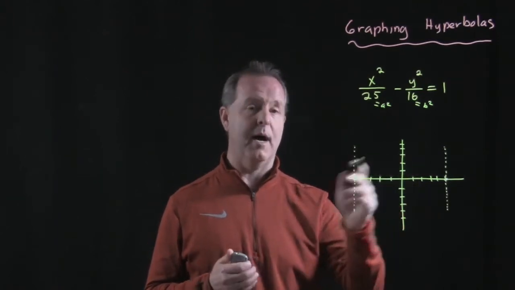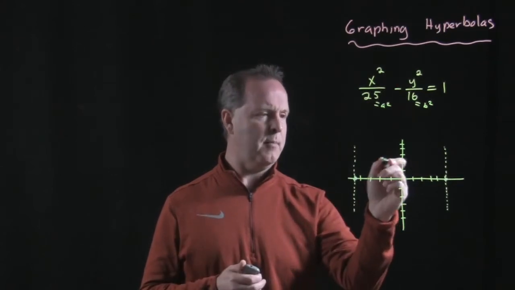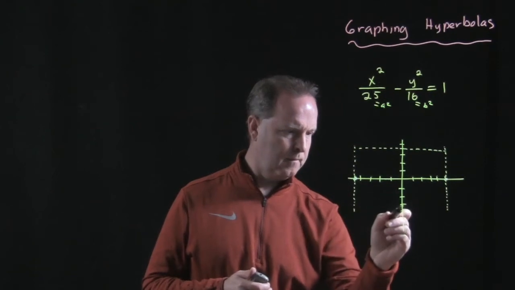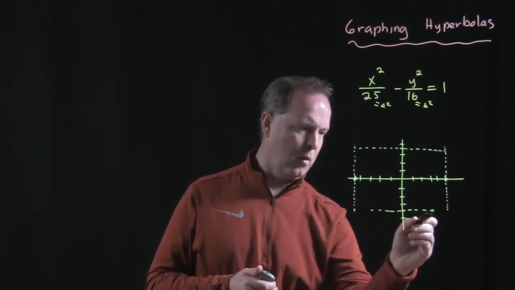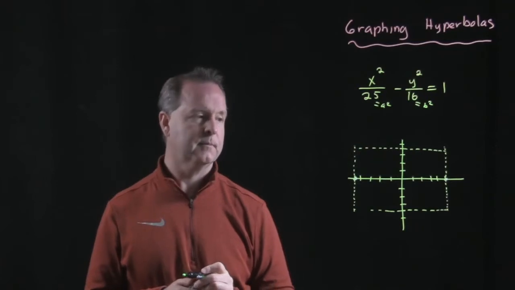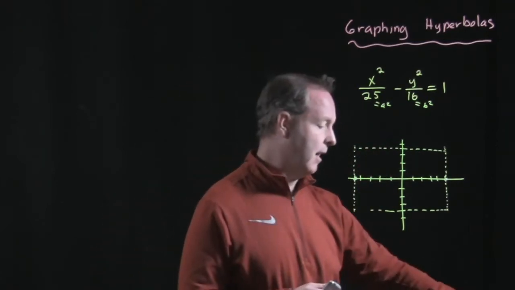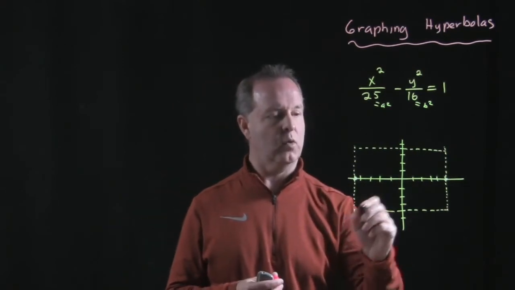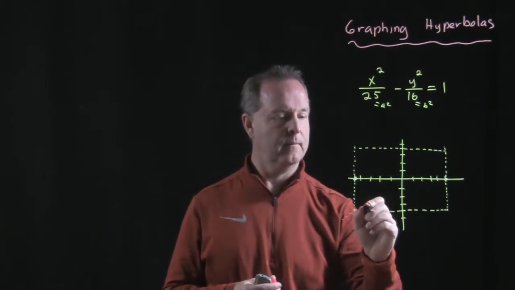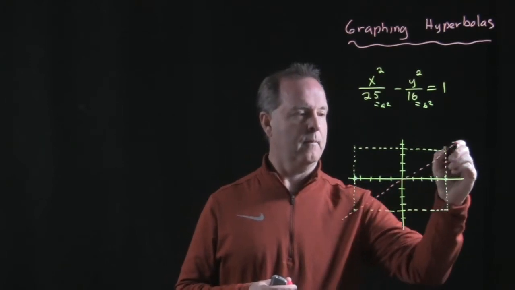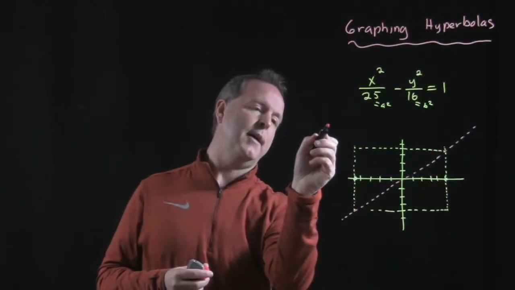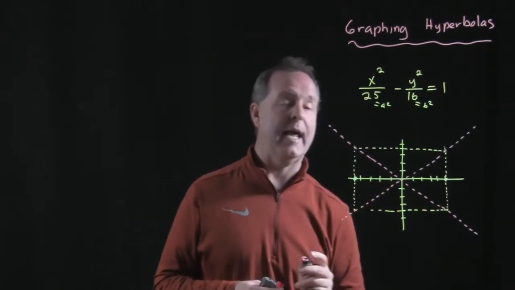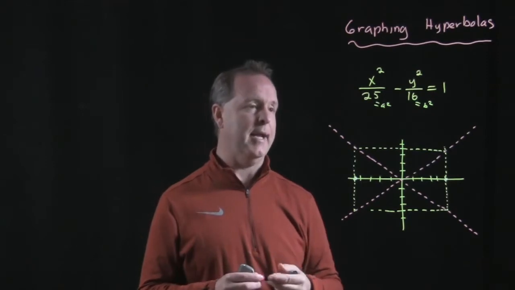The box is just a tool to help me get an idea that will help me shape my asymptotes. So now I can derive my asymptotes off of this, which means I'm going to connect the corners through the center. Likewise on the other one, because those are my lines, b over a and negative b over a.